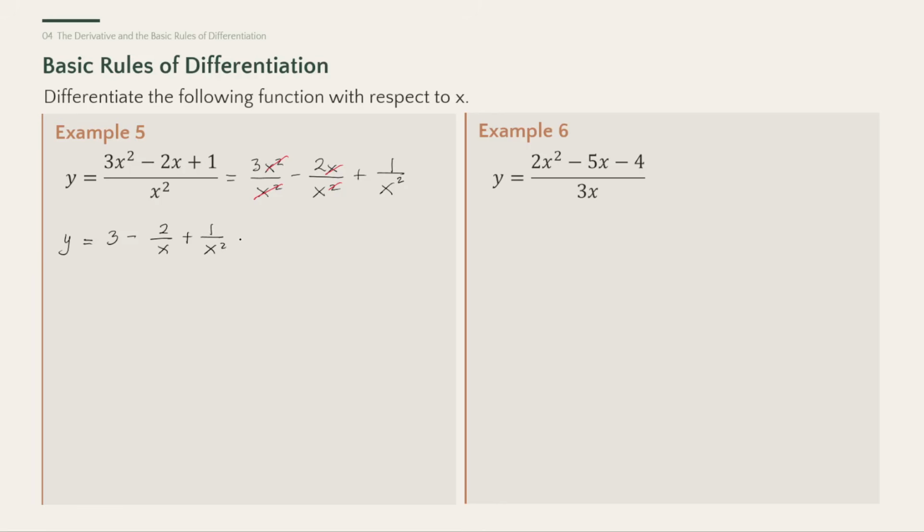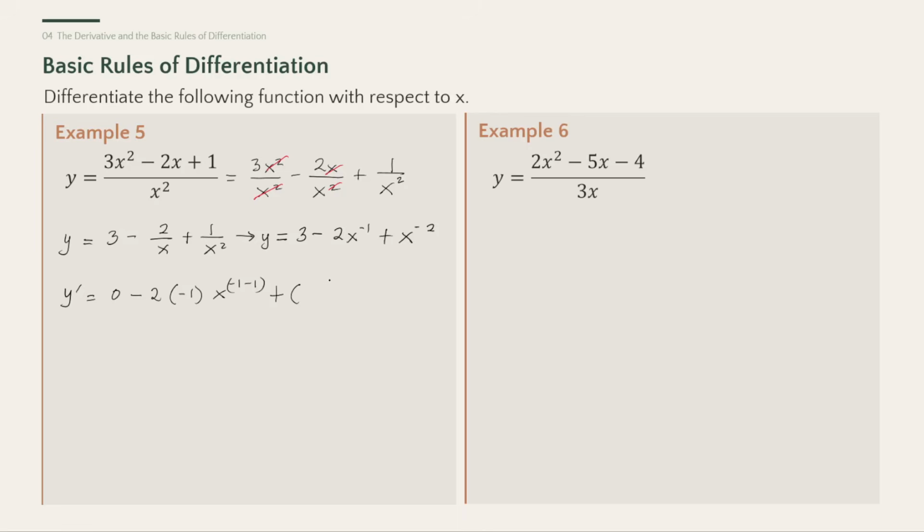So again, we have x terms on the denominator. To apply the power rule, we need to put that into the numerator. So we have 2x raised to negative 1 plus x raised to negative 2. Then we can just apply the power rule. Derivative of 3 is 0, constant. This one is 2 times negative 1, then subtract 1 from the exponent.